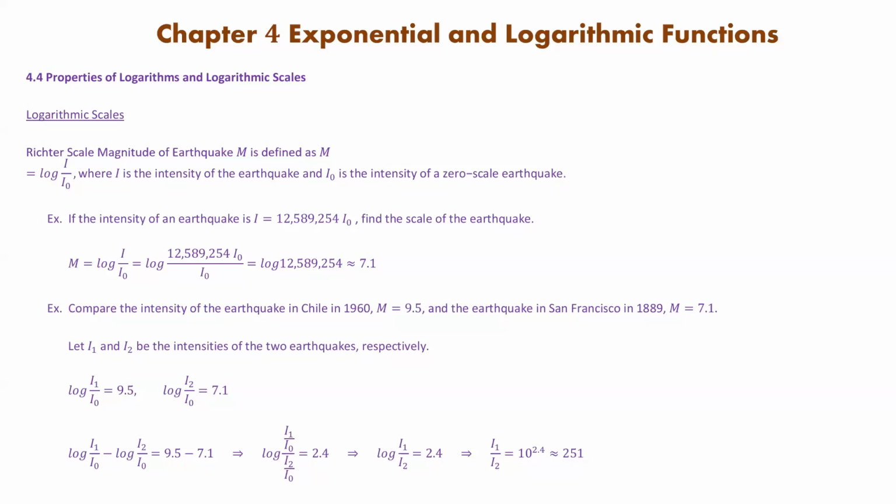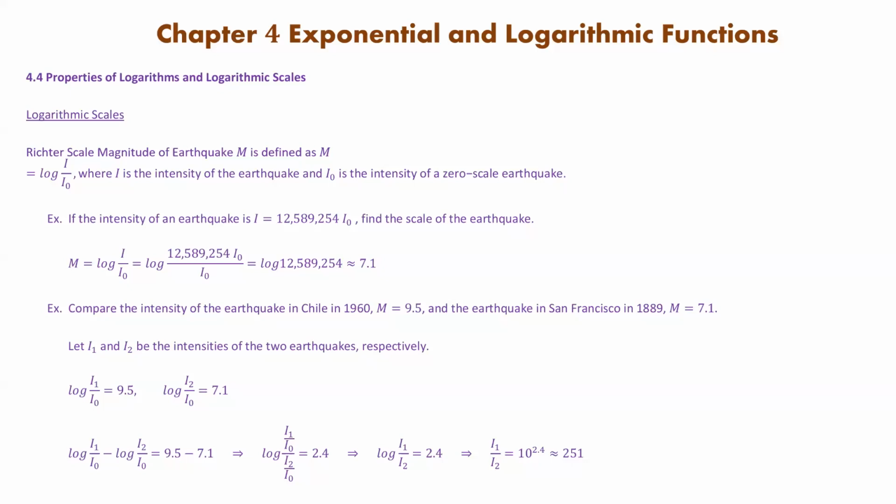All right. So just use the formula, the scale of the earthquake, M equals logarithm of I over I0, but we know I is 12,589,254 I0, and then divided by I0. So I0 cancels. So again, we just take a logarithm of 12,589,254, and it turns out that equals 7.1.